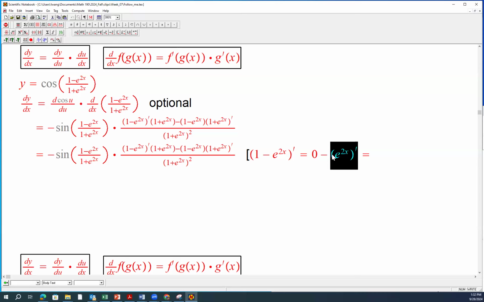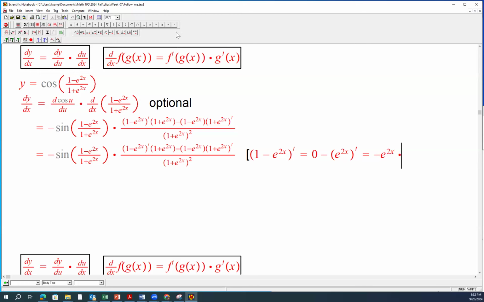So differentiating, this is a chain rule again. So you pretend it's e to the power u. The derivative of e to the power u with respect to u is e to the power u. So it's negative e to the power of u, which is 2x, right?